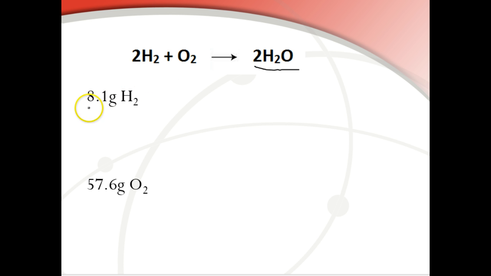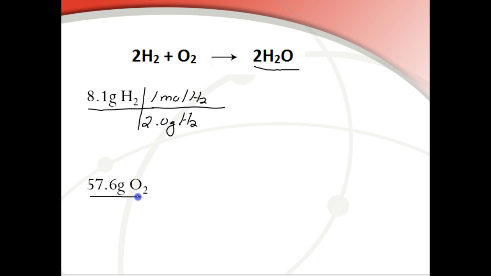So our first step is to convert these to moles, so we divide by their molar values. For H2, 2.0 grams of H2 in 1 mole of H2. This one is 32.0 grams of O2 in 1 mole of O2.